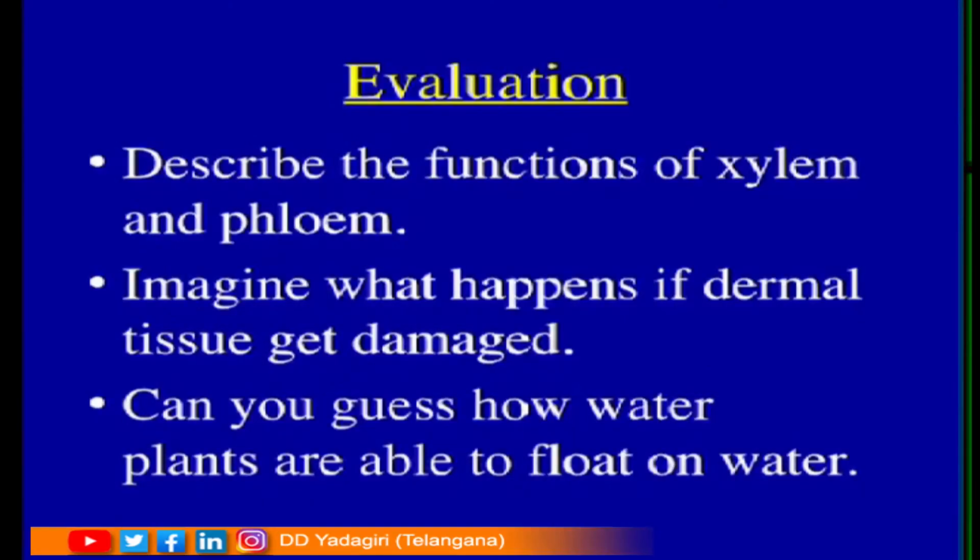I will ask few questions from the lesson. So, whatever you have understood, just try to answer these questions. Describe the function of xylem and phloem. Imagine what happens if dermal tissue gets damaged. Children, can you guess how water plants are able to float on water?